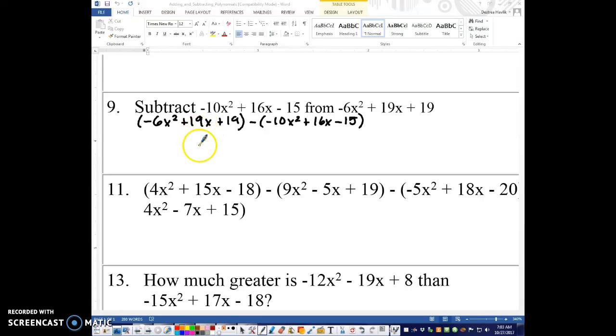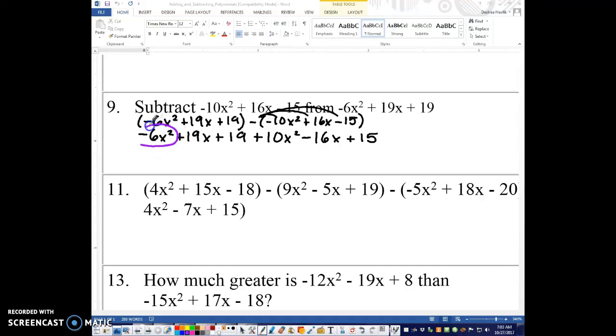Now we're going to rewrite it without parentheses. So negative 6x squared plus 19x plus 19 plus 10x squared minus 16x plus 15.